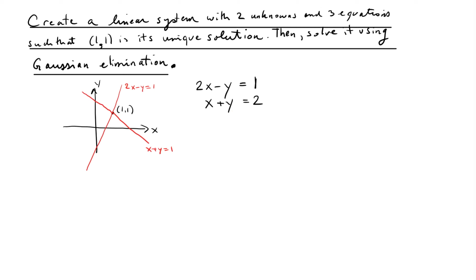Now, I want a third equation. So what I could do is essentially, there are two things I could do. I could just take one equation and multiply it throughout by a constant to get something that's slightly different, but still the same equation as one of the two above. So this is what I actually decided to do.